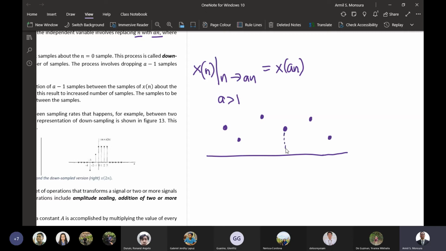Halimbawa, ito yung signal ninyo when n equals 0. That's the value of your signal when n equals 0.